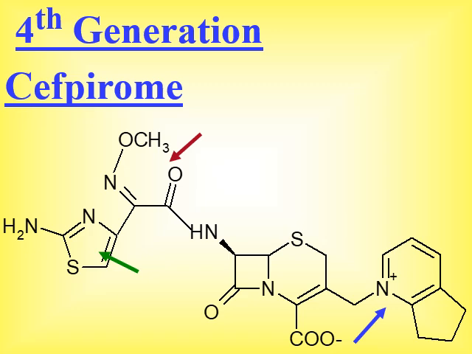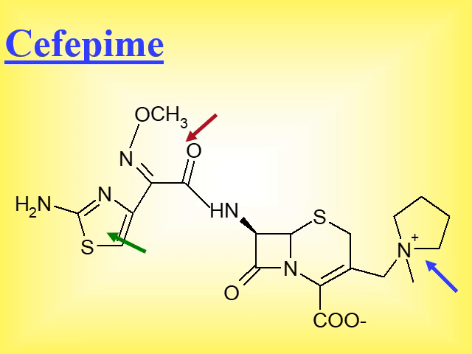The red arrow here shows the group specific for the second generation, the green one shows the group specific for the third generation, while the blue one shows the quaternary ammonium group specific for the fourth generation. This compound is given parenterally. Another example for the fourth generation is cefepime.